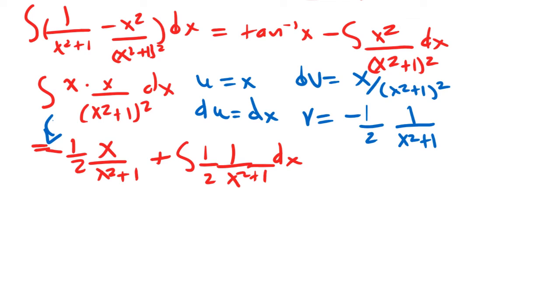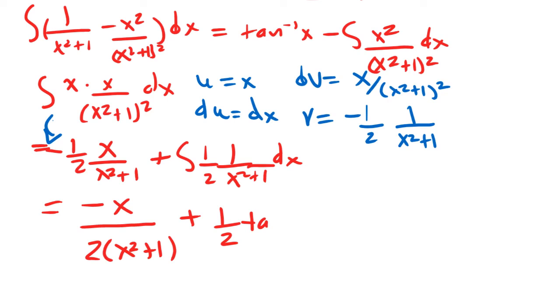So this becomes negative x over 2 times (x squared plus 1), plus 1/2 arctangent, inverse tangent of x, plus C. What does that mean, though? That means we've actually found what this integral is, and we can maybe box or highlight it, whichever you prefer.